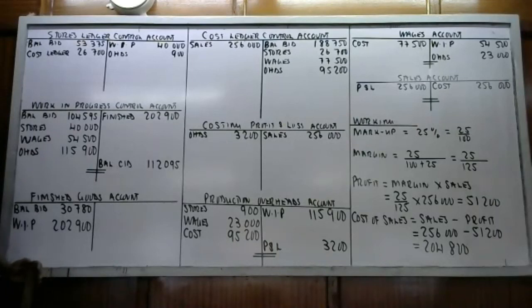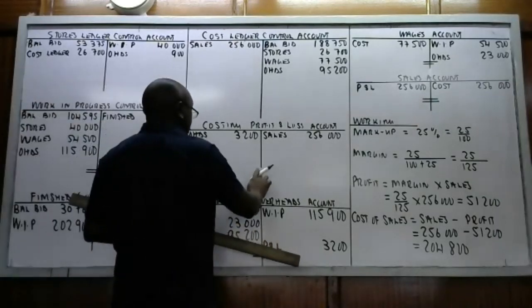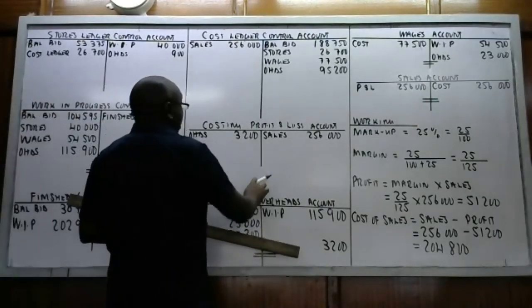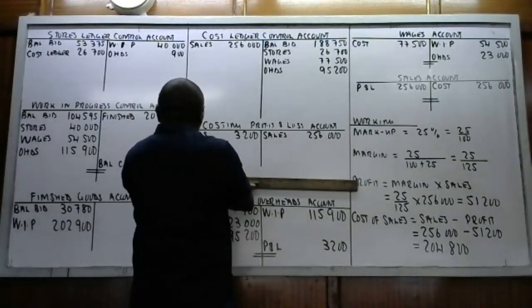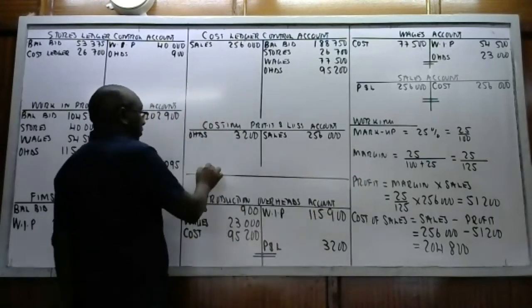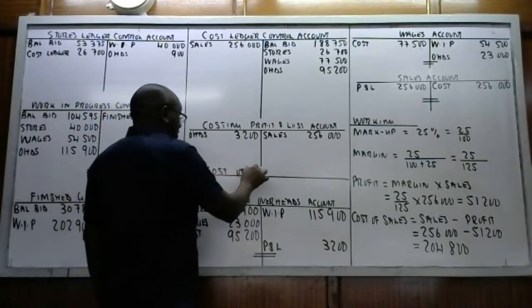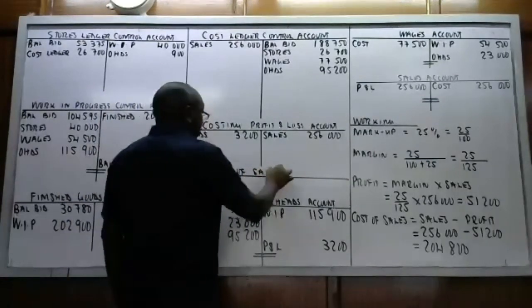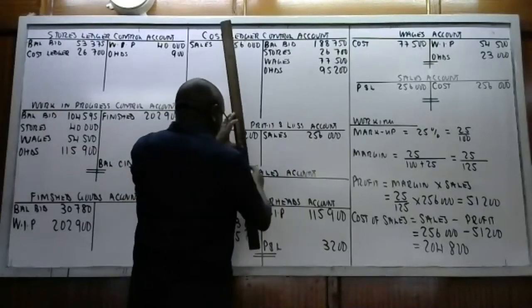So down there, open an account called cost of sales. No space. Just a small one, just one line.